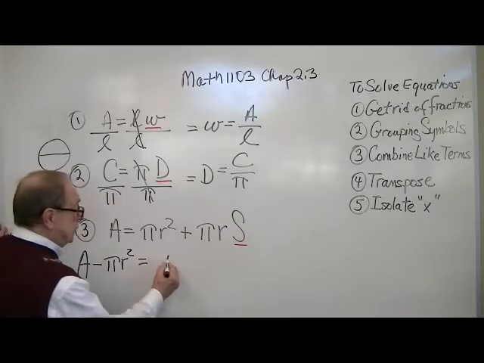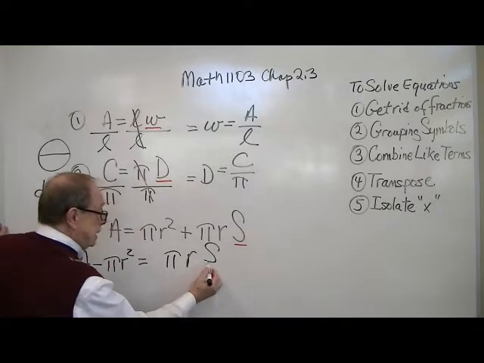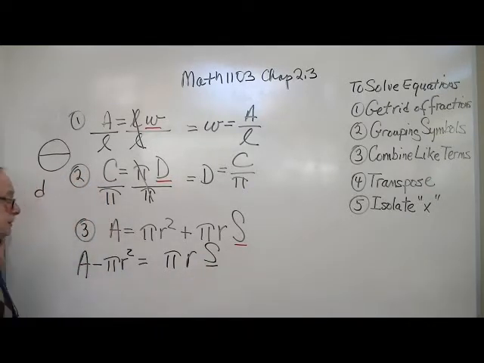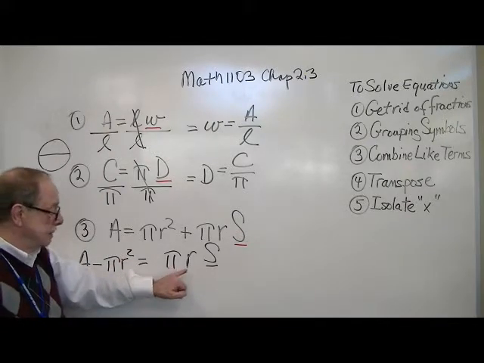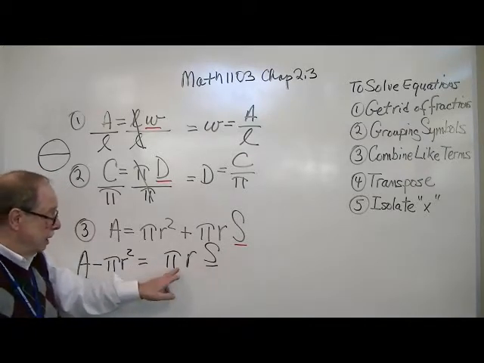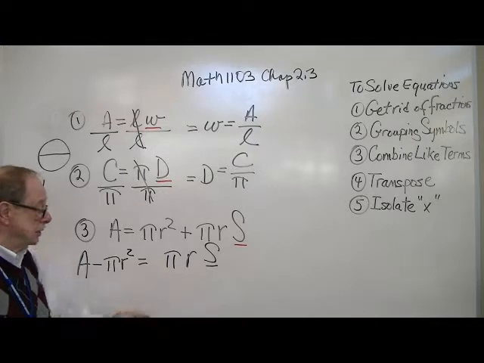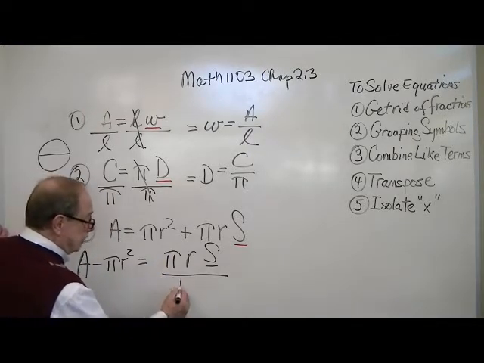Now we're left with pi r s. And remember, it's the s we want to solve for. As we did up here, when we have something times something times something, we get rid of, in a sense, a factor by dividing those factors out.